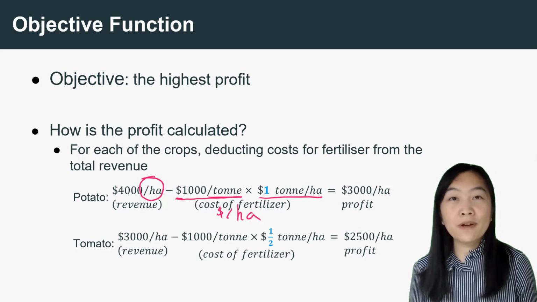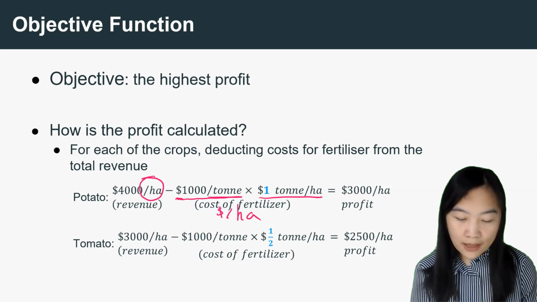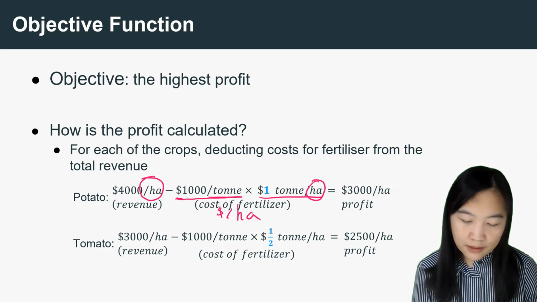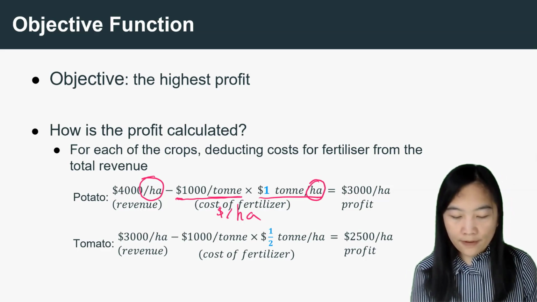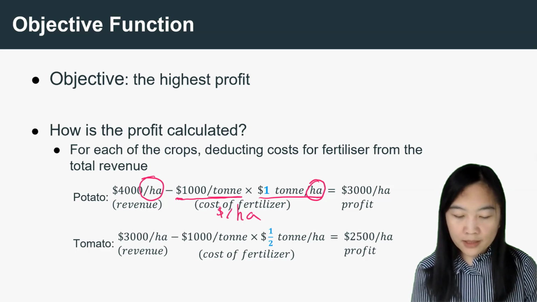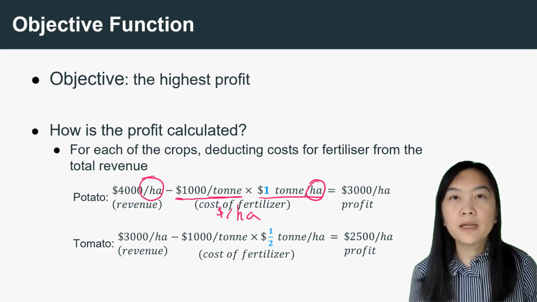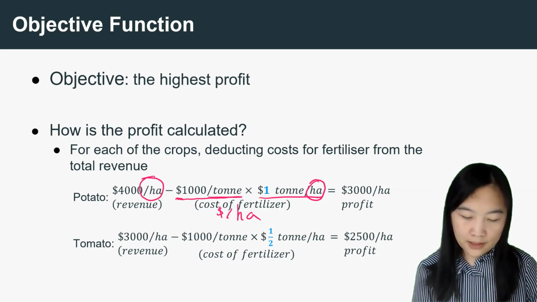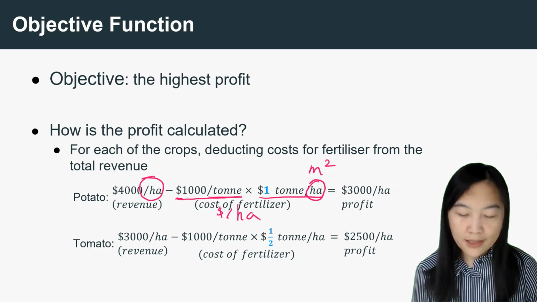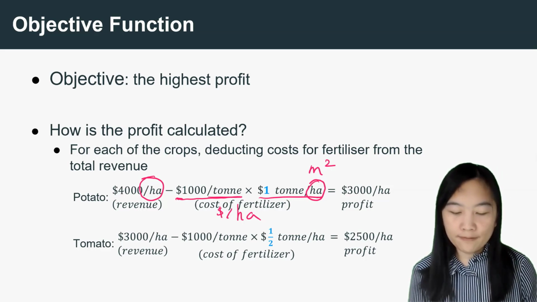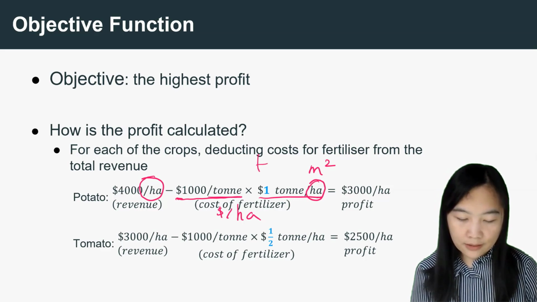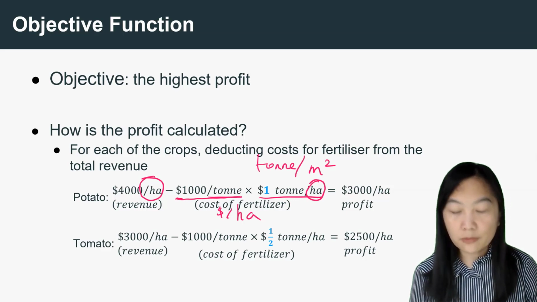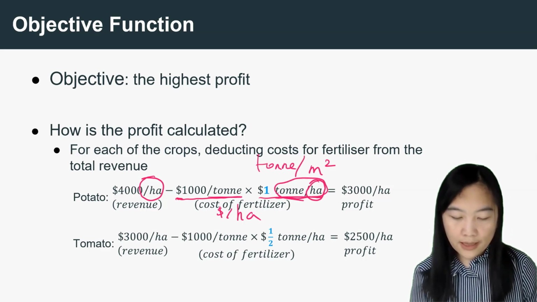In this example, I try to keep things simple. However, it could be different. For example, if I gave you information that it's not 1 ton per hectare, maybe it's 1 ton per square meter, then you would have to convert ton per square meter to ton per hectare.